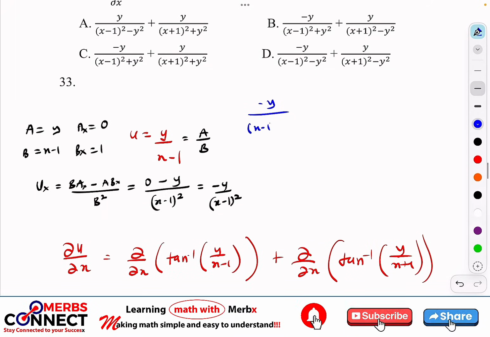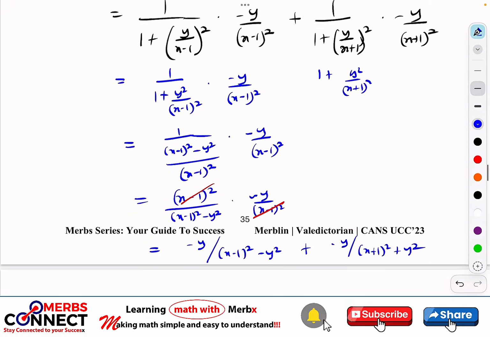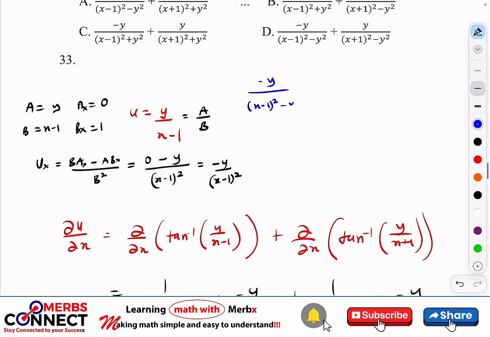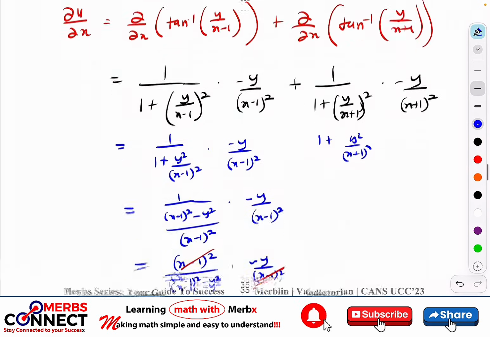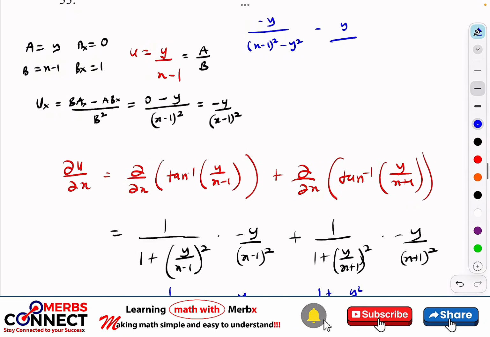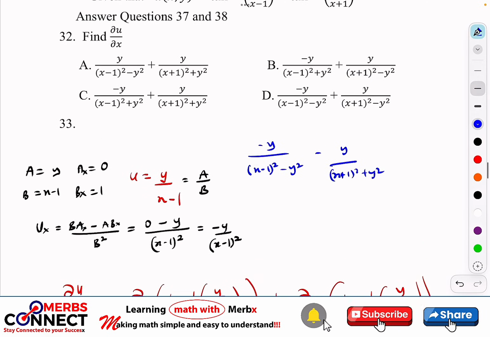So x minus 1 squared minus y squared, great. Then minus y squared minus y divided by x plus 1 squared plus y squared. Okay, I know the trick. When I bring this minus down here, it will make this one minus and this one positive. I'm sure that's what they've done.